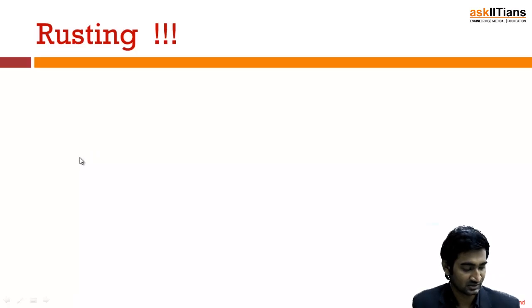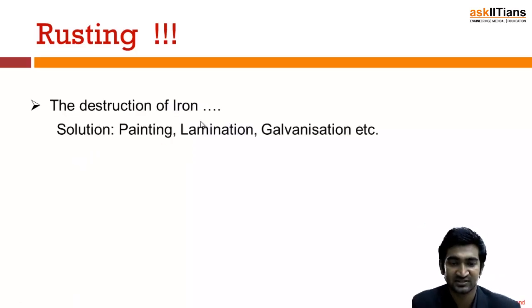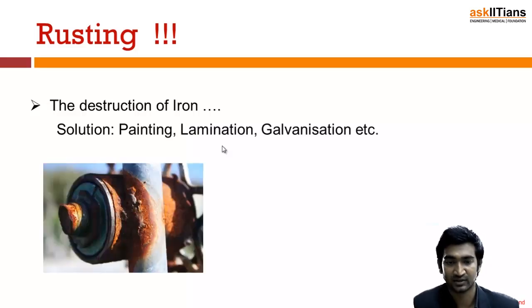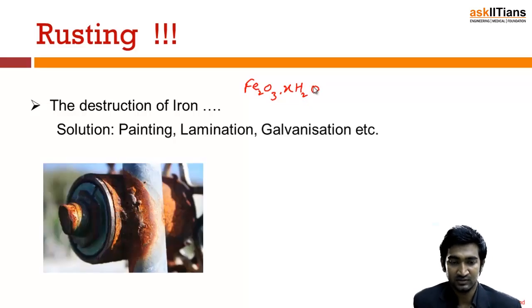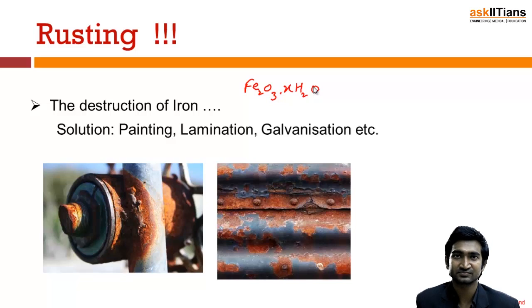That is formed, and this is the destruction of iron, as you can see. These were the real life examples of redox reaction. Here rusting is an oxidation process.